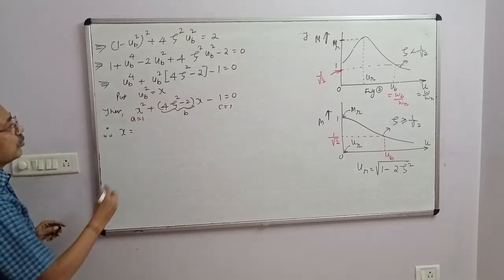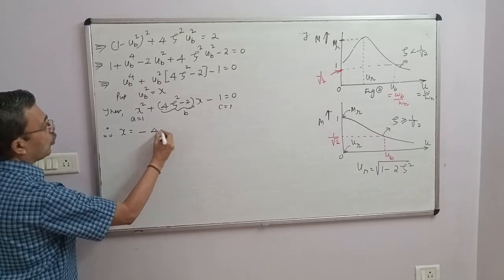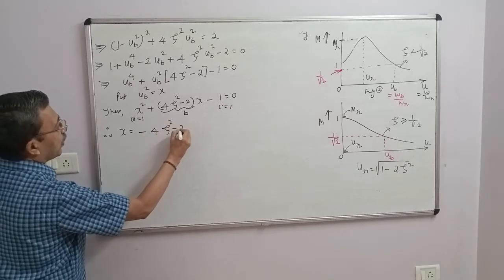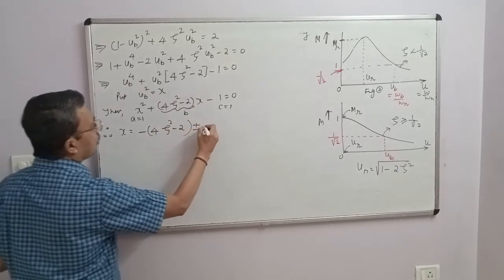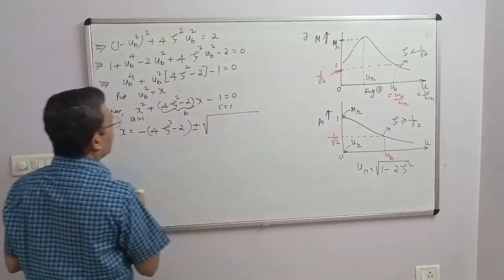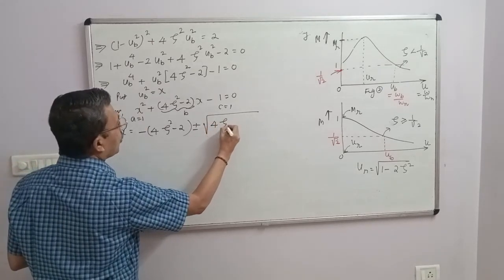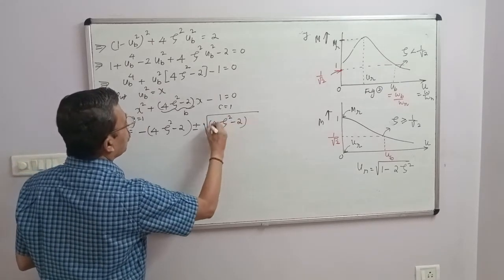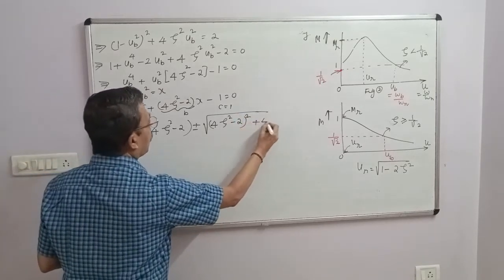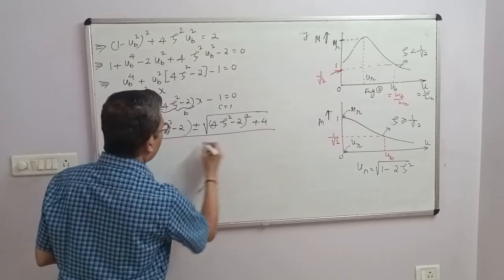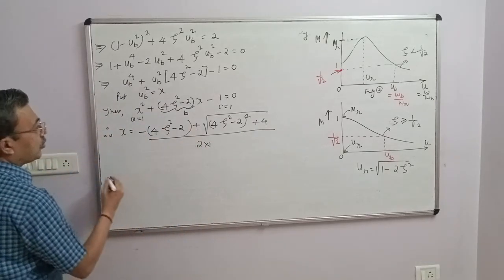What are the roots? Minus b, that is minus (4 zeta square minus 2), plus minus root of b square, that means (4 zeta square minus 2) whole square, minus 4ac, that is plus 4, divided by 2a. The minus sign I drop.